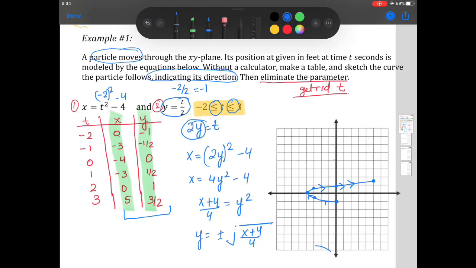That's how you eliminate the parameter, meaning you write the equation in terms of x and y. So let's write that down. Get rid of t, write the equation in terms of x and y. That's basically it. You're just getting rid of the parameter.